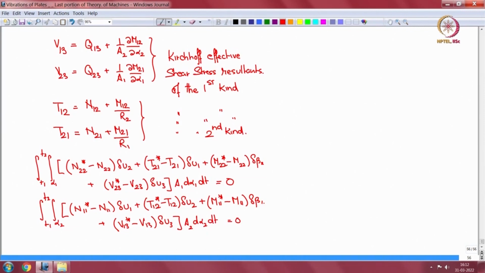Further, these are kinematic terms, variations that are allowed to vary in any manner. They are completely independent variations. So each of these terms has to be 0 in order for the total to be 0.